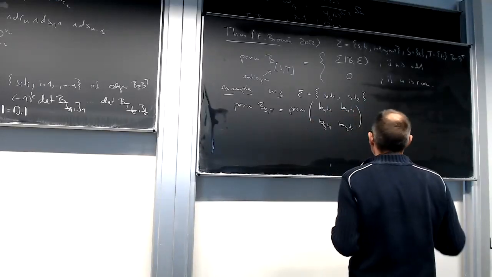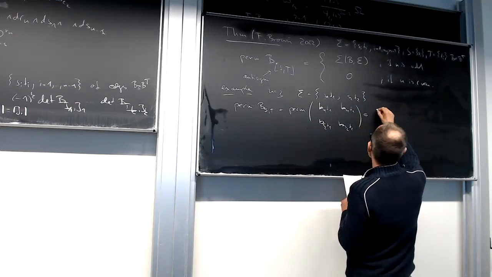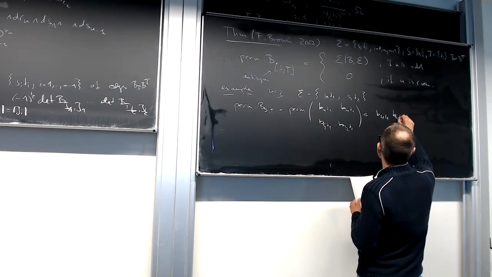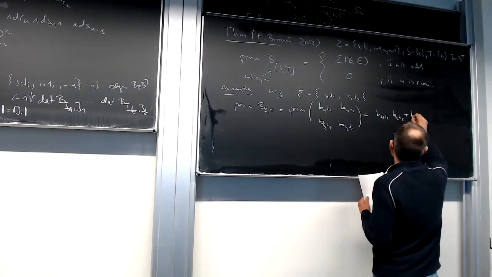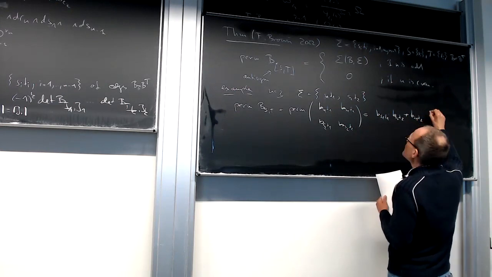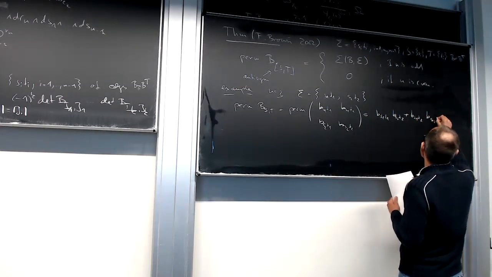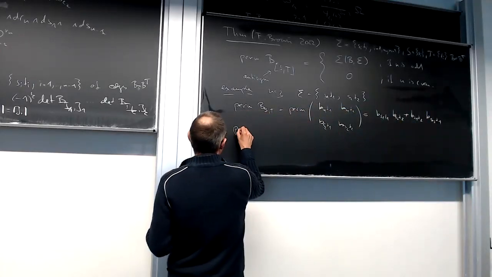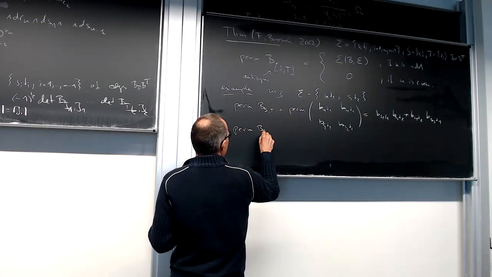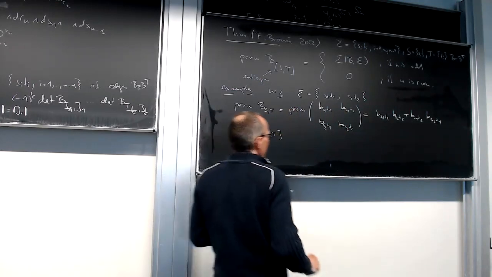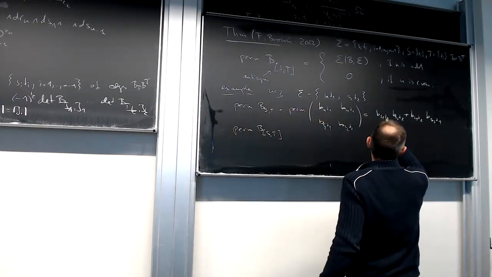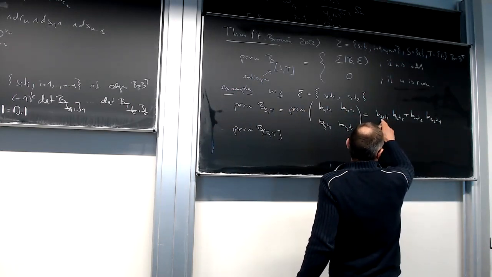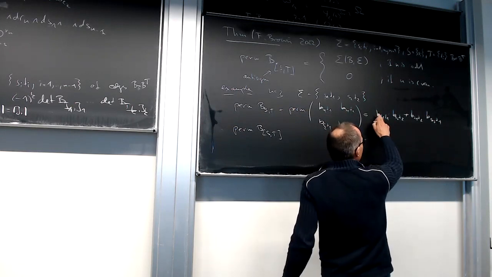Calculating the permanent, this is B_{S1 T1} times B_{S2 T2} plus B_{S1 T2} B_{S2 T1}. And now you anti-symmetrize this, which means you swap S1 and T1 and subtract. But because this is a symmetric matrix, this is minus this term.